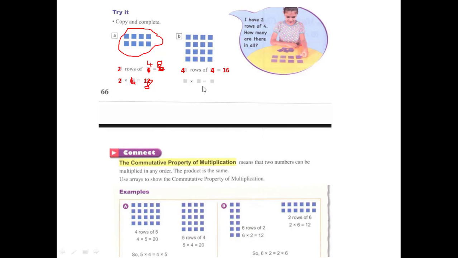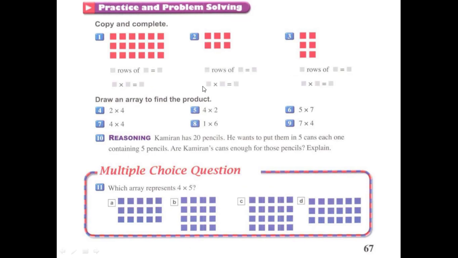That means 4 times 4 is equal to 16. Now, how many rows do you have? 1, 2, 3. How many columns do you have? 1, 2, 3, 4, 5, 6. You have 3 rows and 6 columns. 3 times 6 is equal to 18.